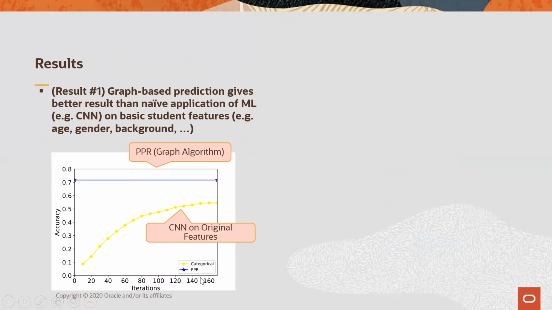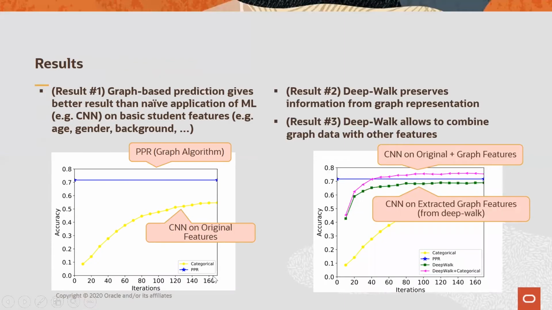So in this case, we used like 160 iterations on the data set, and we reached an accuracy of about 0.52, 0.53, roundabout. The plain property graph algorithm, of course, didn't require any training because it's a deterministic algorithm.